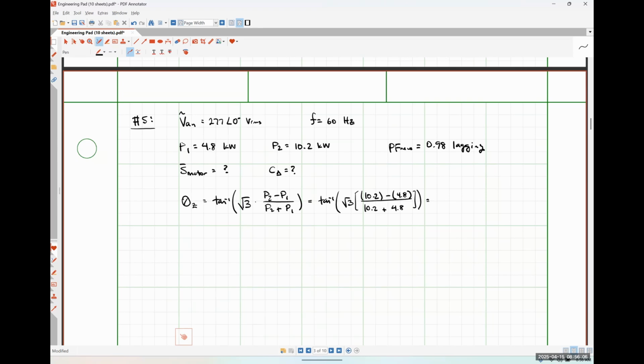And when I put this into my calculator, I get 31.945 and some change degrees.